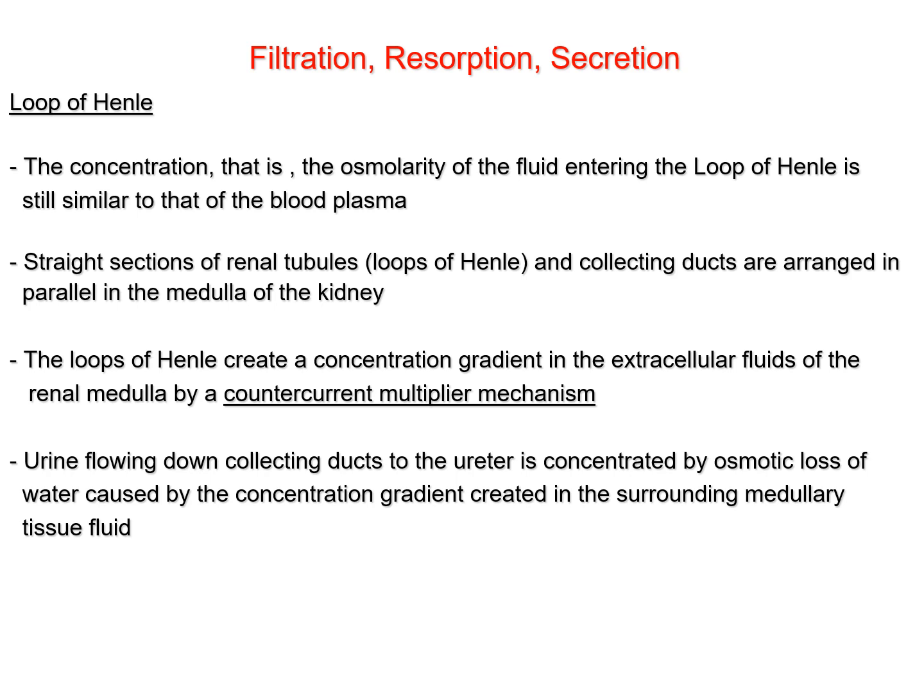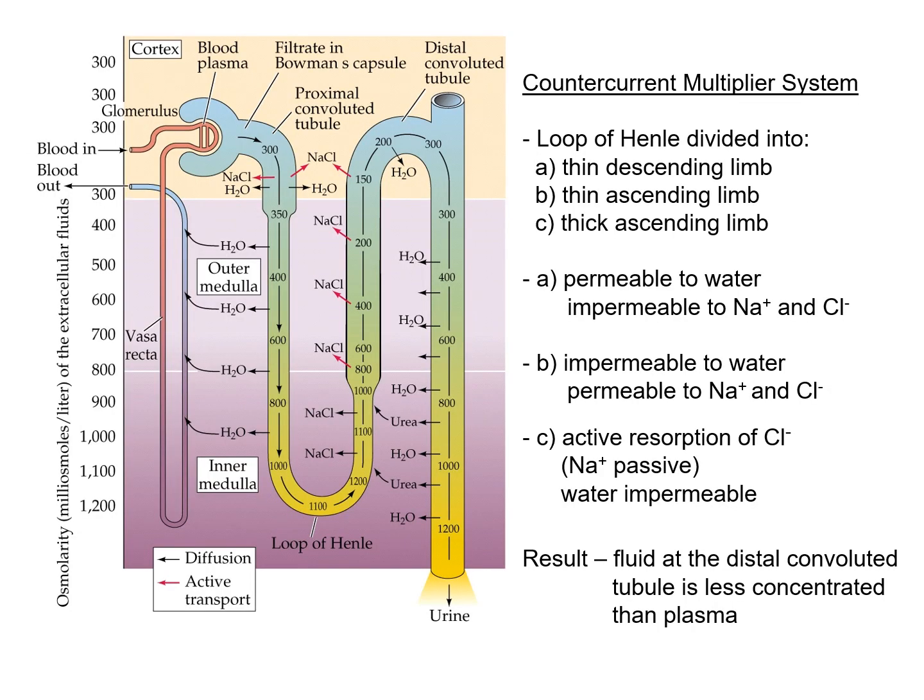This ability to move down the loop of Henle and become more and more concentrated and then move up and become less concentrated is very important. It's the countercurrent multiplier mechanism or effect, and is shown here.